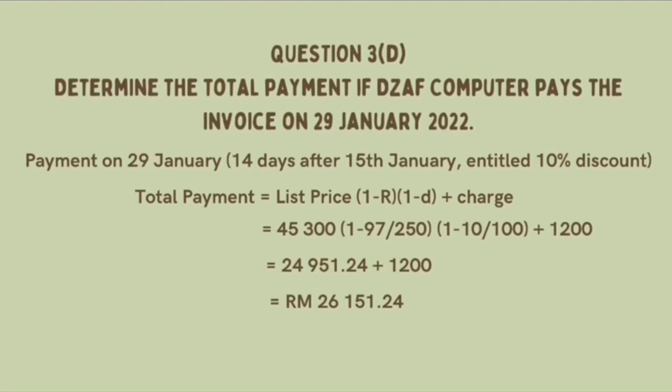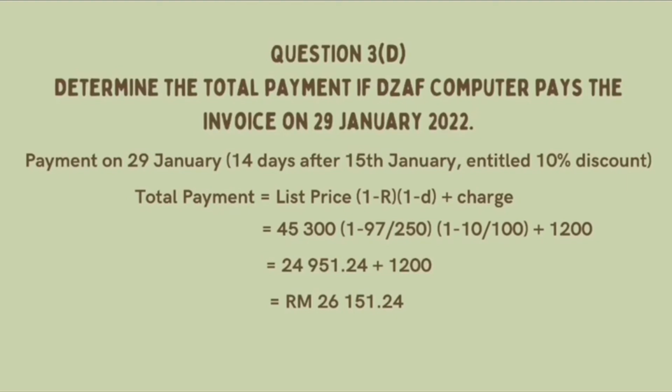So next, how to calculate the total payment? We need to find the net price first, because we already have the SDER. So we have got our rate. So the formula will be list price, open bracket, 1 minus R, close bracket, open bracket, 1 minus D, close bracket, plus charge.